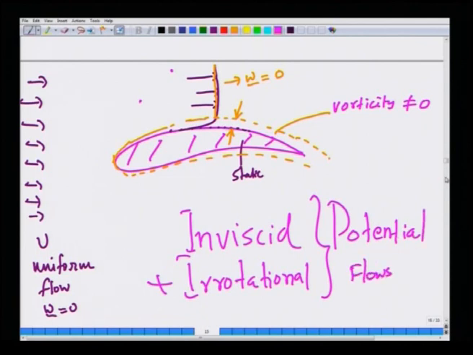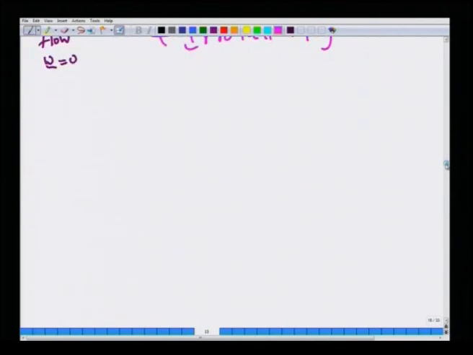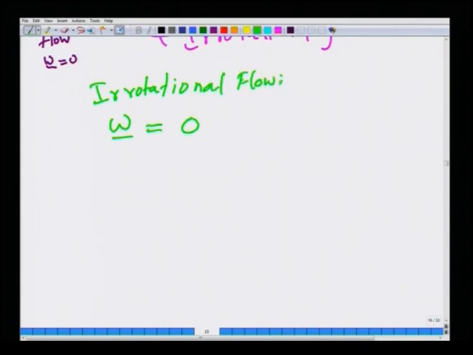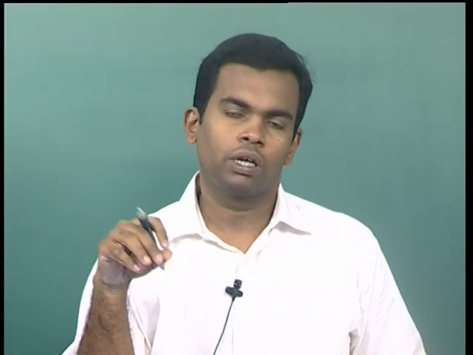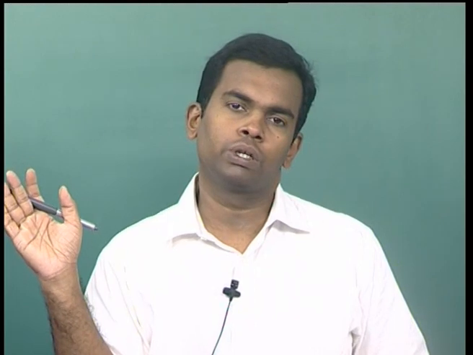Okay. Now, the reason why they are called potential flows is not far to seek, because when you assume the vorticity is 0, this is an irrotational flow. This is a kinematic constraint, that is, you are simply assuming that there is no rotation about a point in a fluid and at each and every point in the fluid. This is a purely kinematic condition.